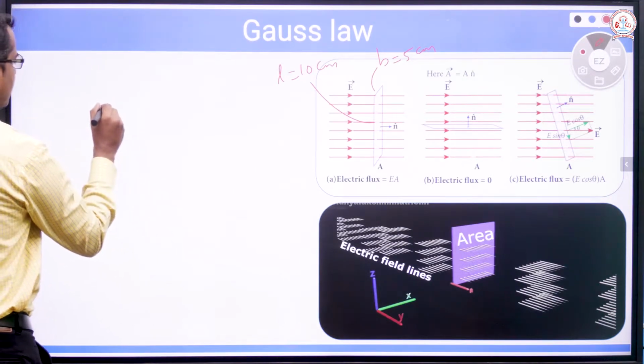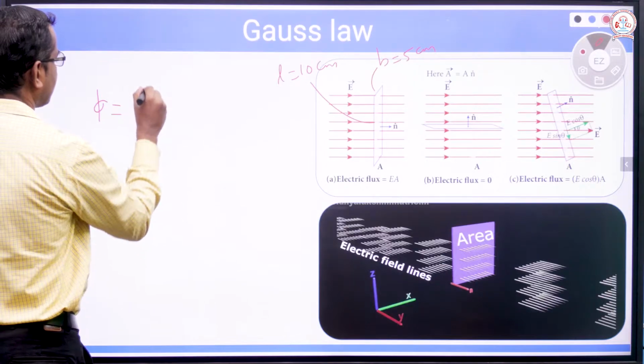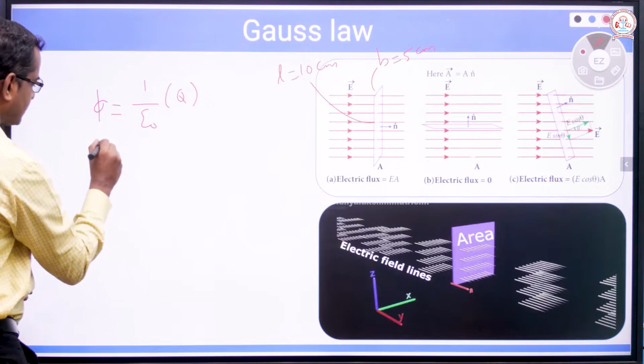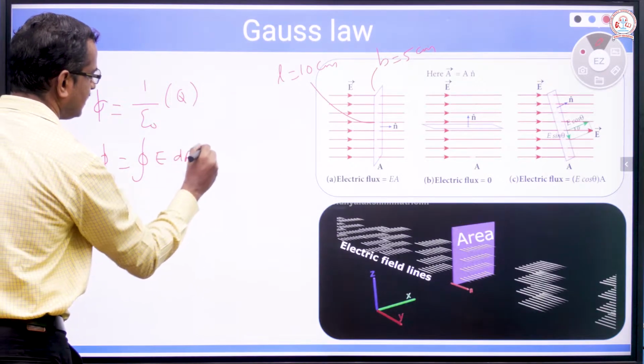So flux can be calculated. The flux phi is equal to 1 by epsilon naught times total charge enclosed by the surface. Flux phi is equal to the closed integral of E dA cos theta.